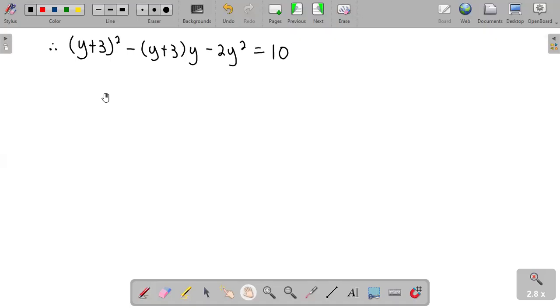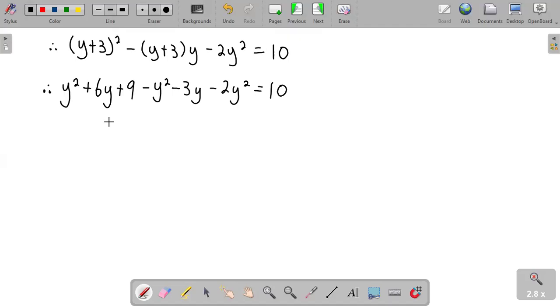So we break it down. It's going to be y squared plus 6y plus 9 minus y squared minus 3y minus 2y squared equals 10.